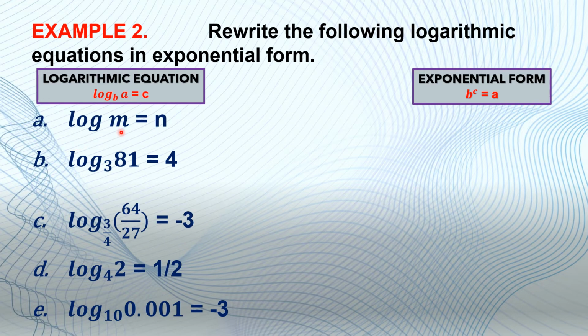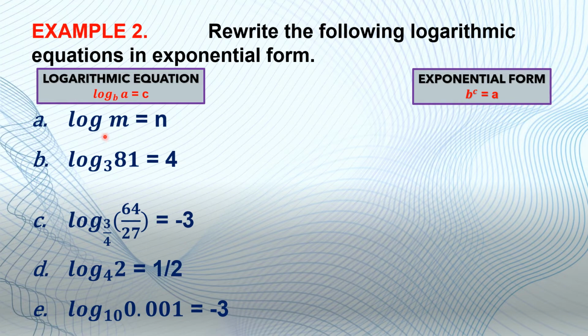Let's have example A. Logarithm of M equals N. As you can see, there's no base here, but it is understood that our base is 10, and it is called common logarithm. The base in the logarithmic equation is also the base in the exponential equation, and C will be the exponent in exponential form.